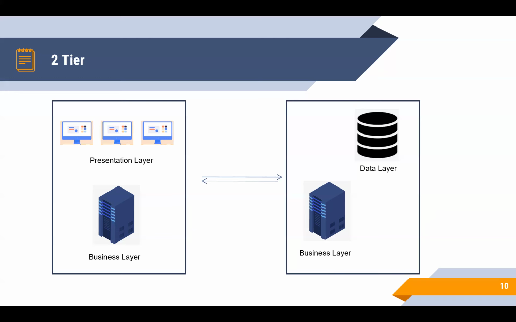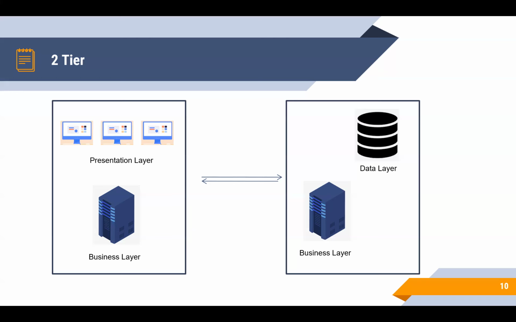So in the two tier architecture, in one machine we have the presentation and business, and in the other machine we have the database, or the business layer may be in the first machine, maybe in the second machine. But in this two-tier architecture, we are going to work with two different machines.